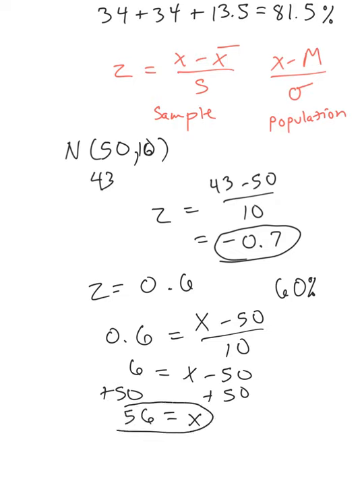And there we go. So if you scored a 56 on the test, your z-score was 0.6. And if your z-score is negative 0.7, that means you scored 43.